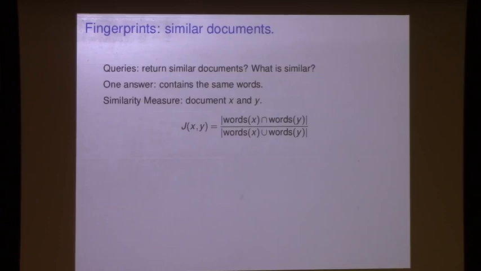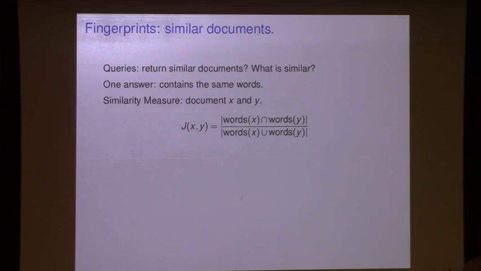So again, what we want to do now is, instead of sending documents around and doing this comparison, take a document X and reduce its size to something very small. And then take Y and reduce its size to something very small. It's like hashing again, and the trick is going to have to do with hashing.